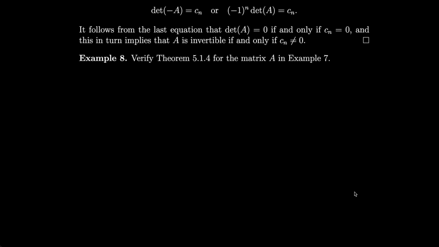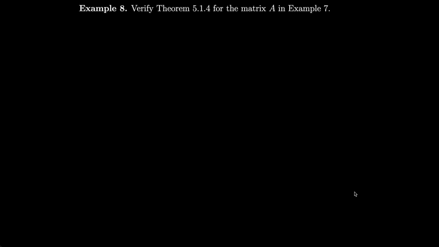Let's verify this theorem for the matrix that we looked at in example 7. So we'll look at the determinant of A, which is equal to 0, 0, minus 2, 1, 2, 1, 1, 0, 3.